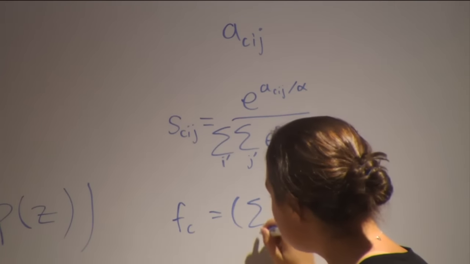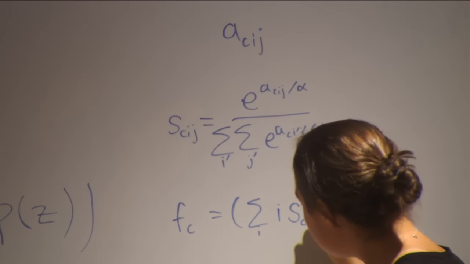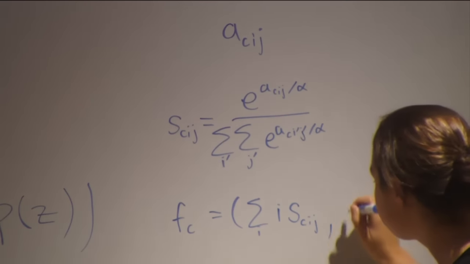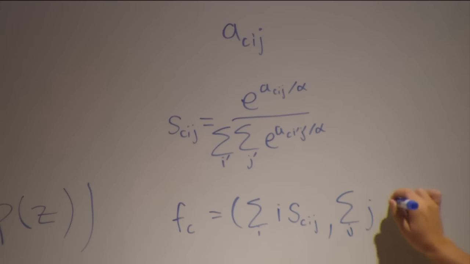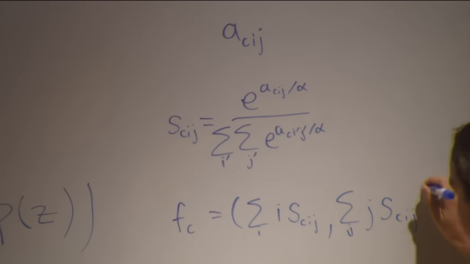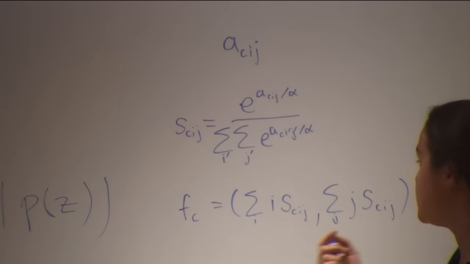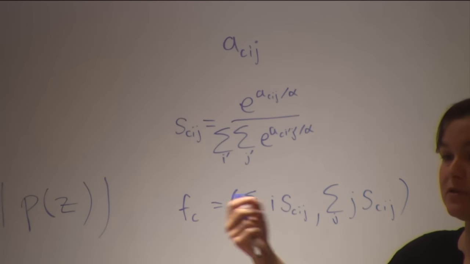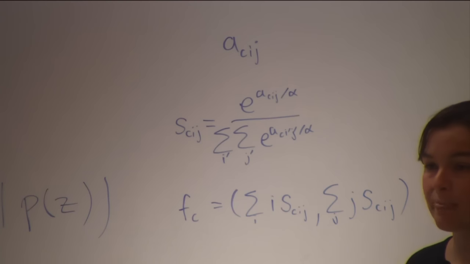It's going to be an expectation over i of S_cij, and then an expectation over the j coordinate of S_cij. And so this will give you an xy coordinate of the feature, basically where there is maximal activation in the feature map A.